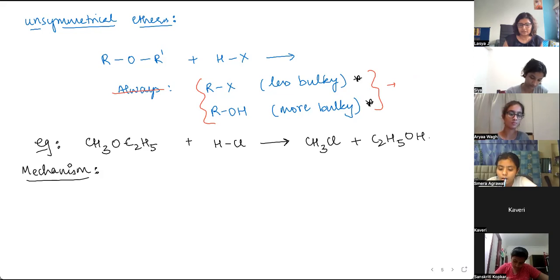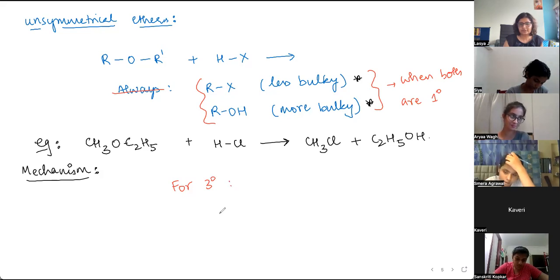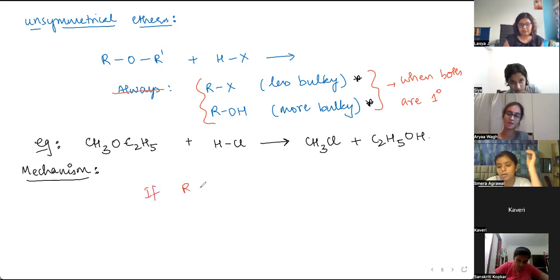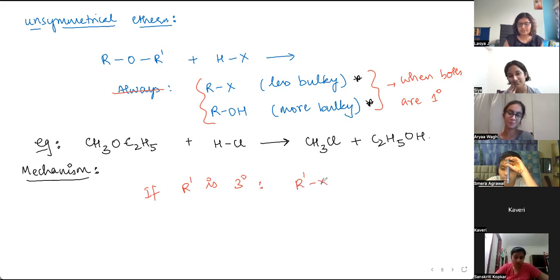So when both are primary, then for tertiary, or let's put it this way: if R dash is tertiary, then R dash X is formed and ROH is formed.